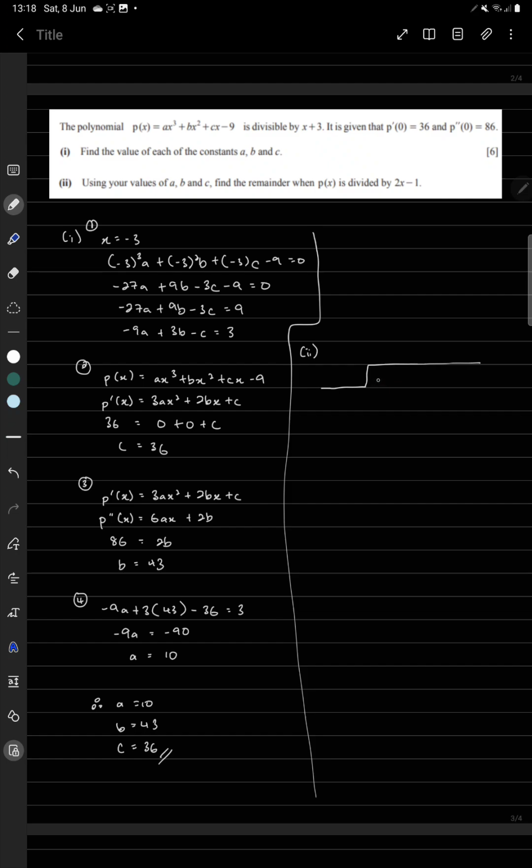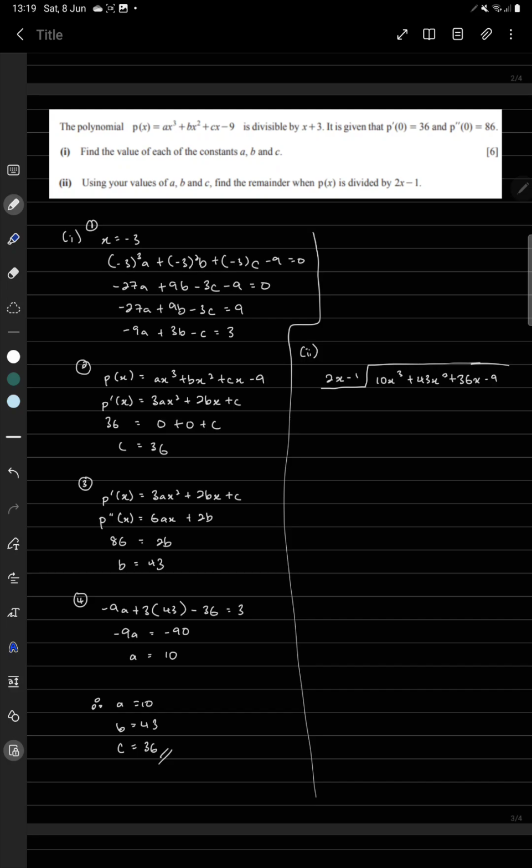We have a is equal to 10, so 10x cubed plus, oh sorry, it's not 10, b is 43, x squared plus c is 36, x minus 9. Then we want to divide this by 2x minus 1.